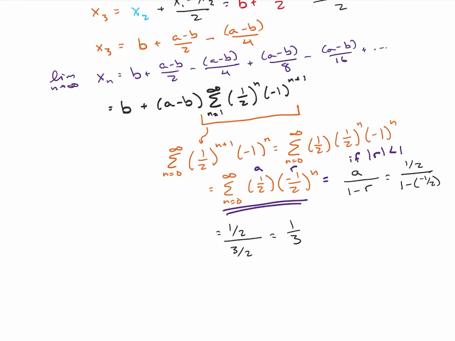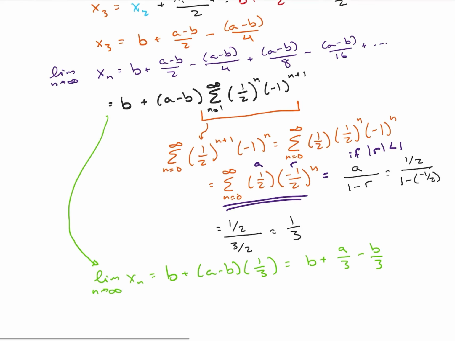All right, so if I go back to my expression up here, and I pull this down, I can see that my limit as n approaches infinity of x sub n is going to be b plus a minus b, and then that's just times 1/3, which is going to end up being b plus a over 3 minus b over 3.